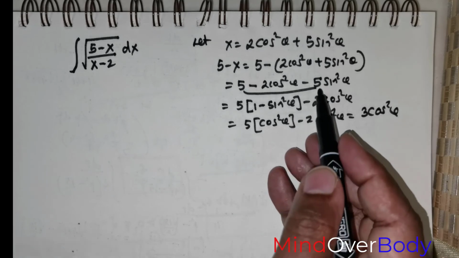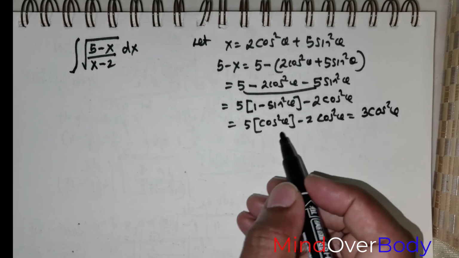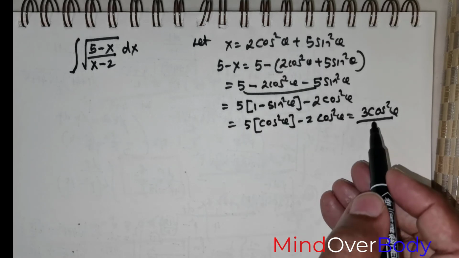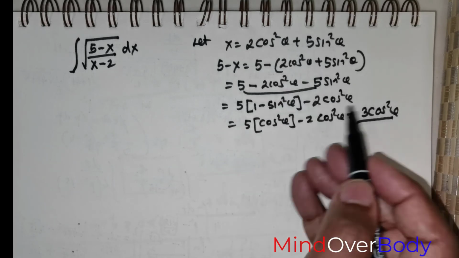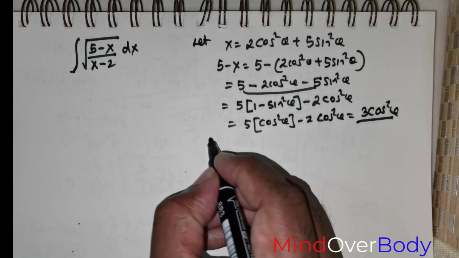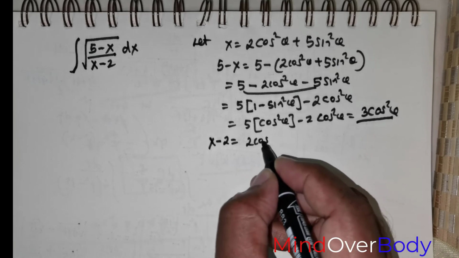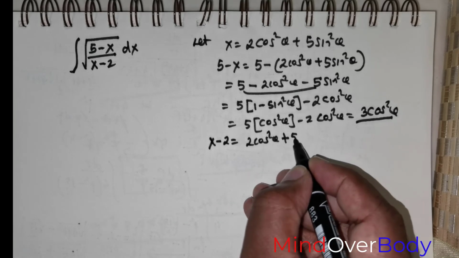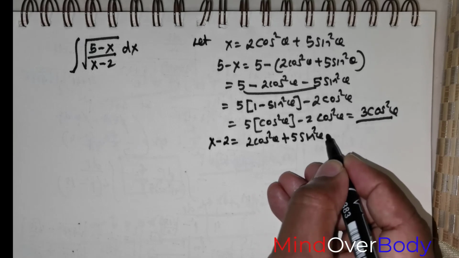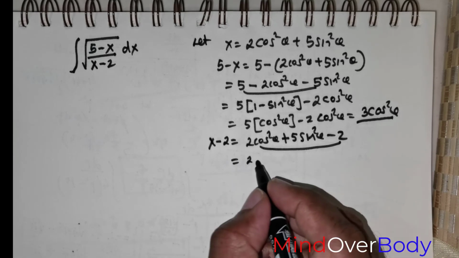So now you clearly know why I've taken 2 over here and 5 over here, because it gives me the opportunity to simplify this in a rapid manner. Now we will have to know what x minus 2 is. So this is going to be 2 times cos square theta plus 5 times sin square theta minus 2. So I'm going to rewrite this, clubbing these two things together.